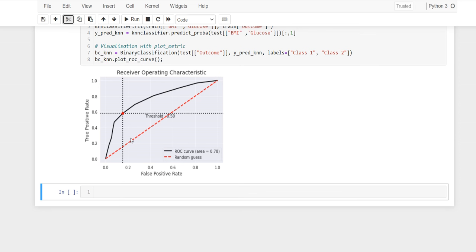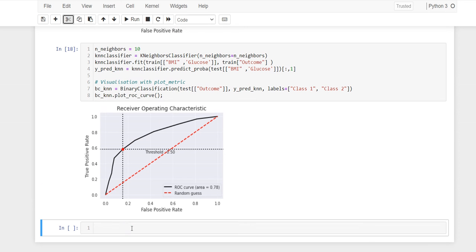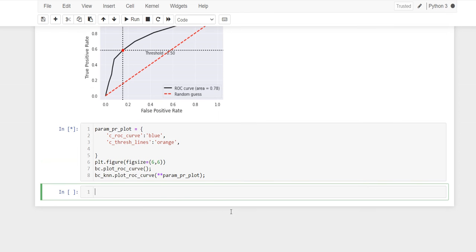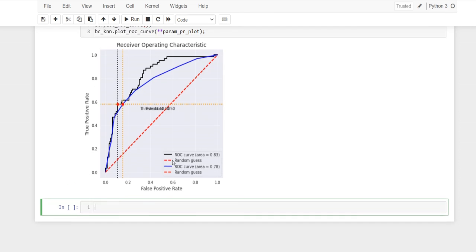So if I wanted to generate a plot with the two ROC curves via Plotmetric, then I'm just going to go ahead and copy and paste some code, plotting my logistic regression and my KNN classification model. And here we go. As noted, the logistic regression model did a little better than my KNN model with a k value of 10.